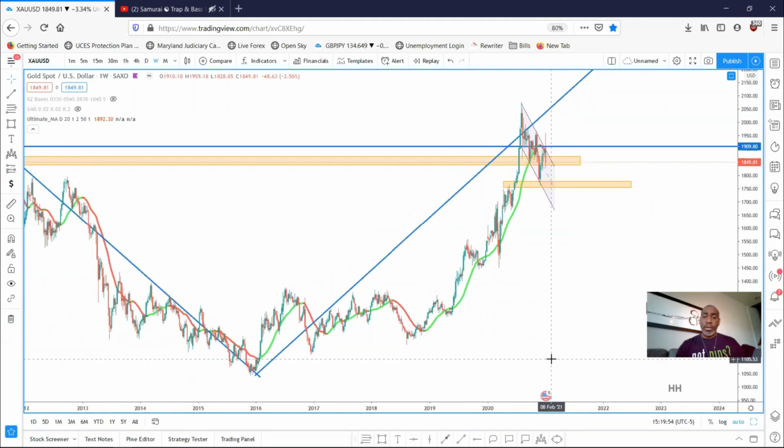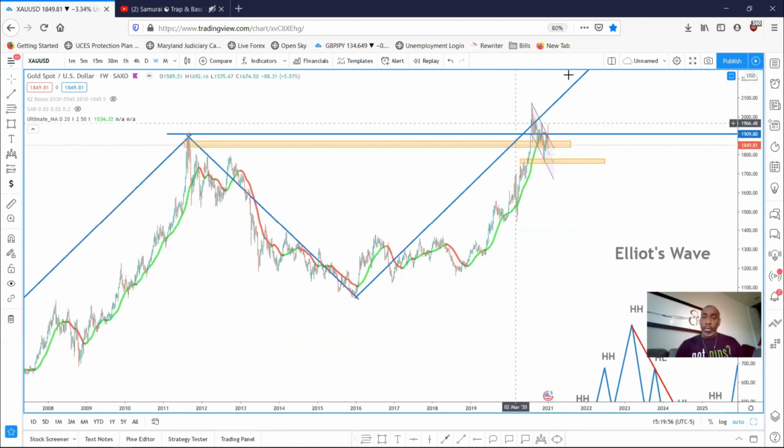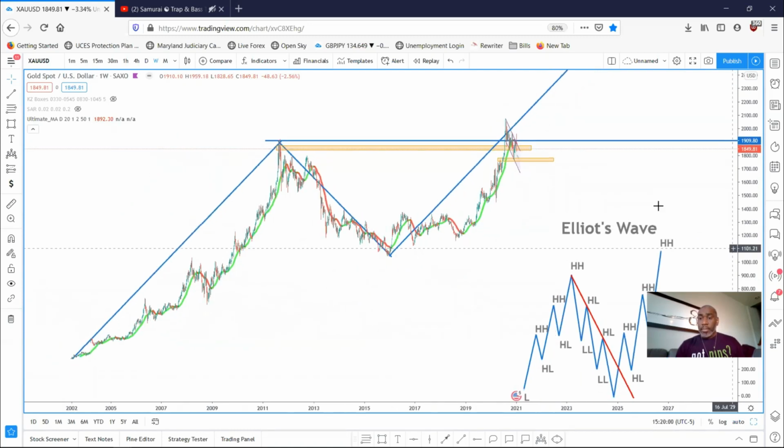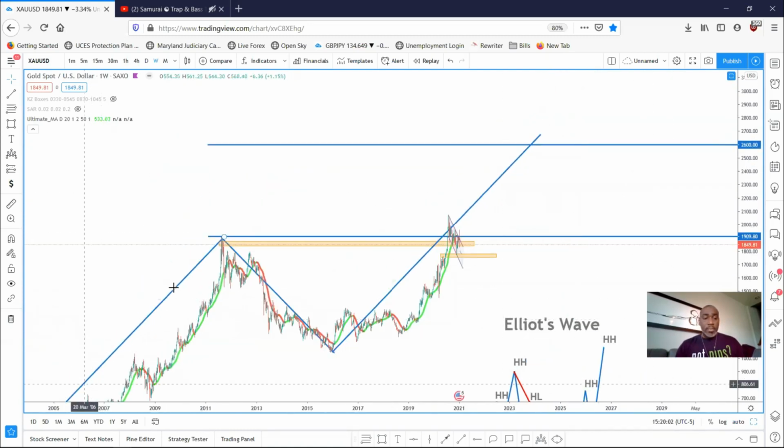And seeing as we're in leg number 3, we're anticipating this market to pretty much shoot up around about that same distance as your previous leg. So we copied and pasted that measurement. And what we're looking at right now is that market coming up to somewhere close to about 2,600.